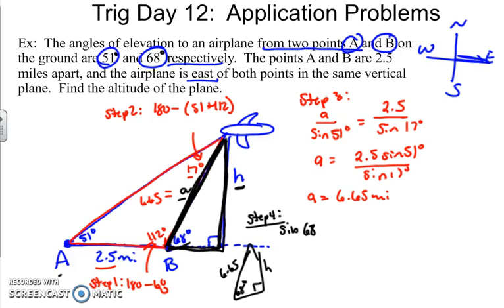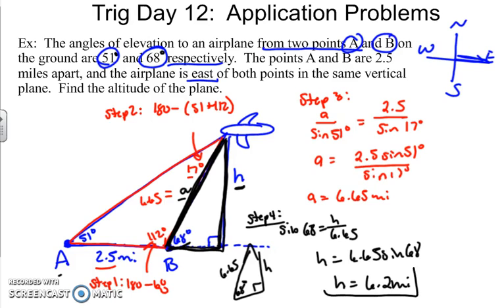The sine of 68 degrees is a ratio of the opposite to the hypotenuse side. So I'm going to multiply both sides by that stored 6.65 number, and that gives me about 6.16, we'll go and round to the nearest tenth, 6.2 miles. Cool, so that's the height of the airplane. So keep your answers always stored in your calculator, and just round them all to the nearest tenth.